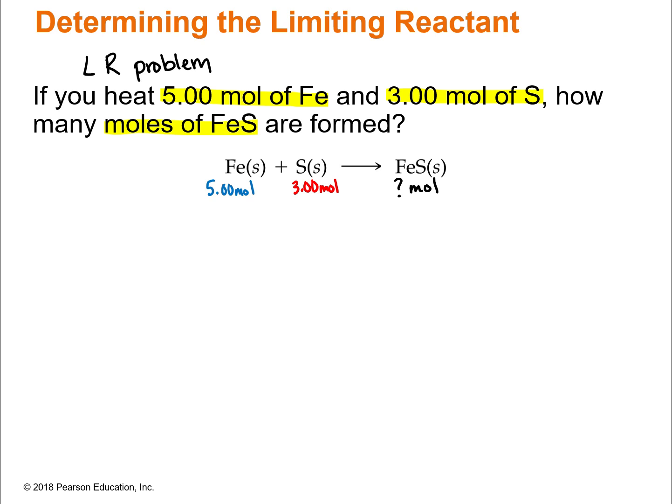To attack these problems, you have to do 2 stoichiometry problems. In this case, the first problem that we have to do is figure out, if I had 5 moles of iron, how many moles of iron(II) sulfide will I make?